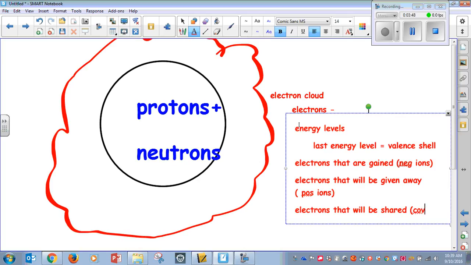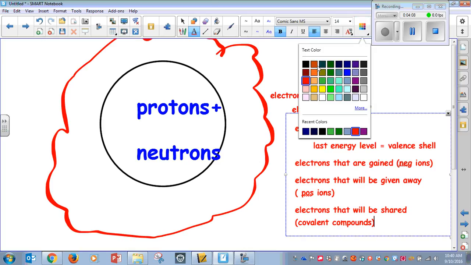And that's to form what we call covalent compounds. And we talked about covalent compounds, but I'll get to more to that later. So the number of valence electrons determines how many electrons are going to be lost and gained and what ions they'll form. Well, here's what you need to know.